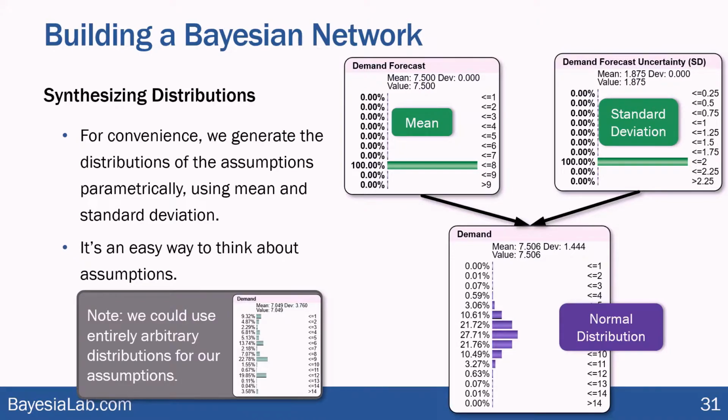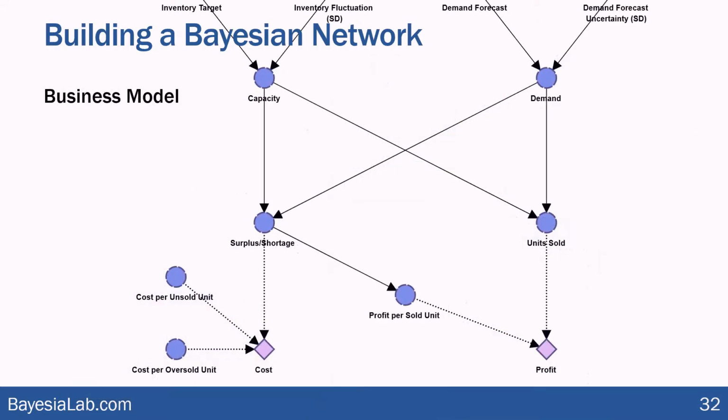But for our simulator building, as we're working towards an interface for the business decision makers, there we basically just want to give them fewer levers like mean and standard deviation. So let's now put this into our model.